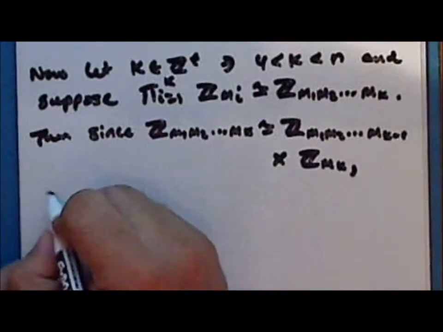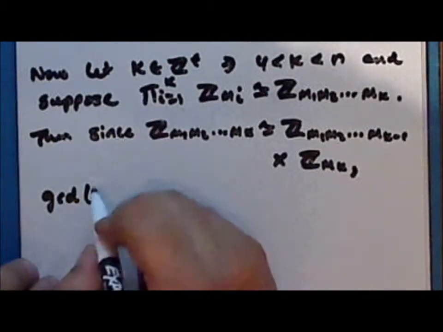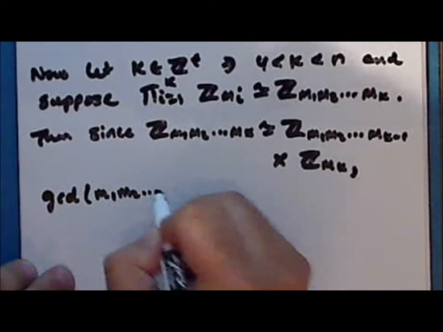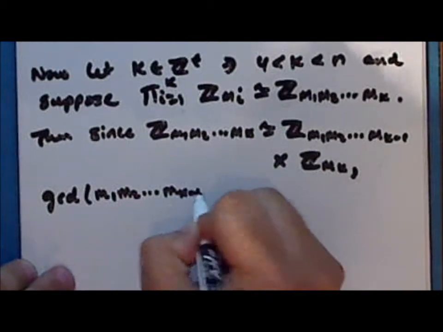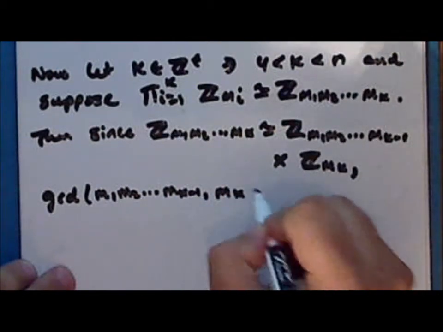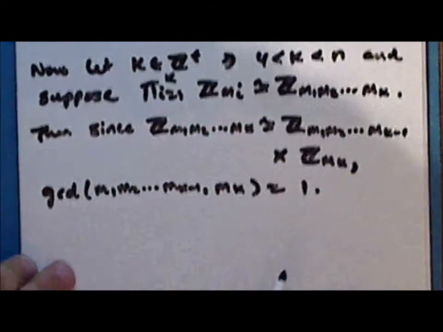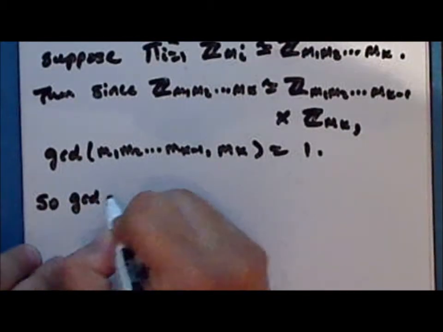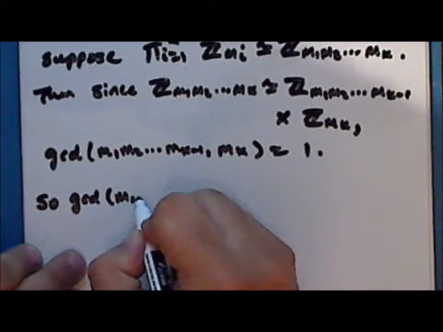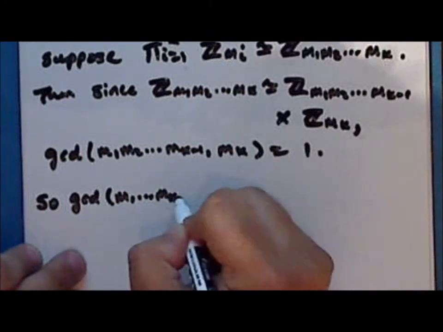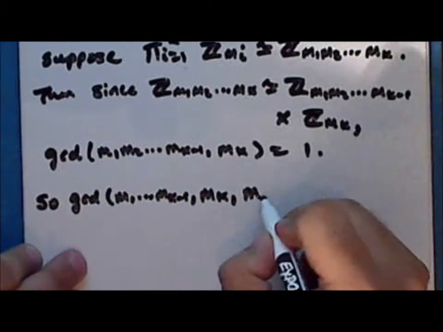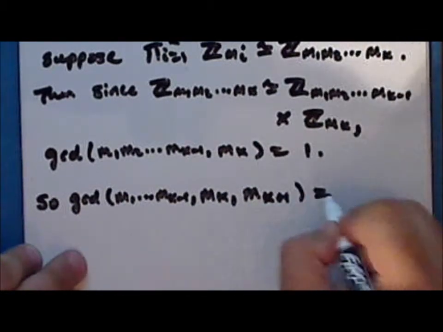we have that the greatest common divisor of the product m sub 1 times m sub 2 through m sub k minus 1 and m sub k is 1. And so the greatest common divisor of the product m sub 1 through m sub k minus 1, m sub k, and m sub k plus 1 is equal to 1.